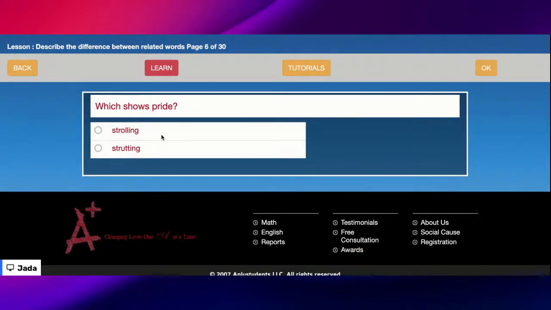Which shows pride? Is it strolling or strutting? Which of them shows that this person is very proud? Which one shows pride?